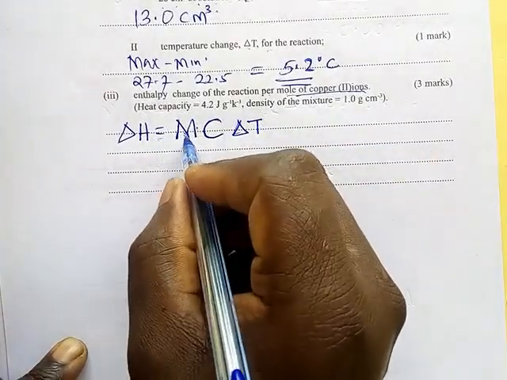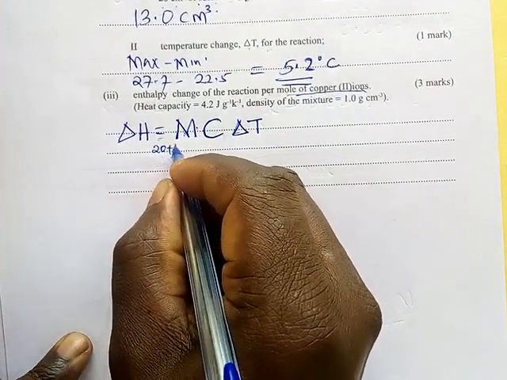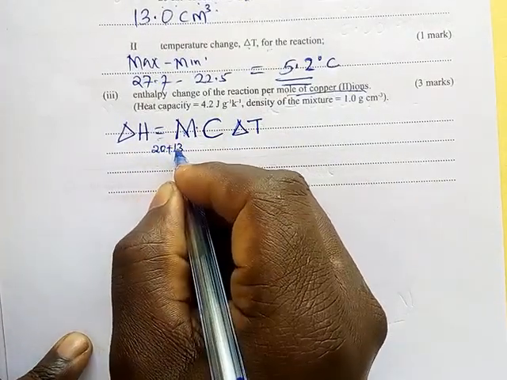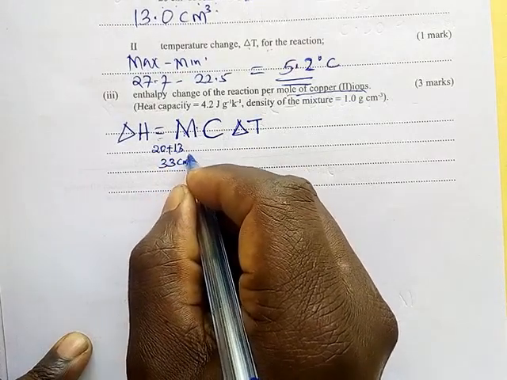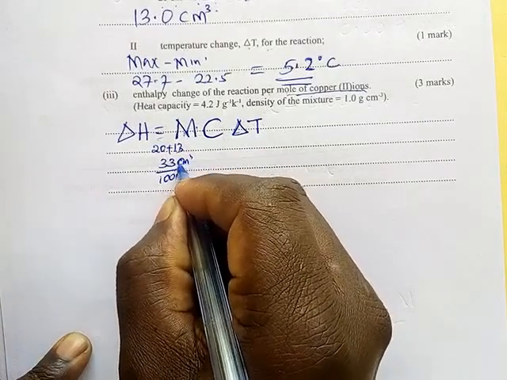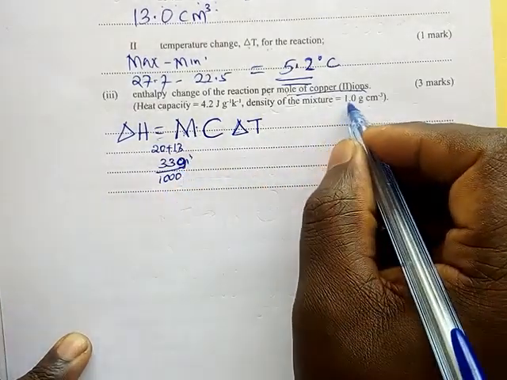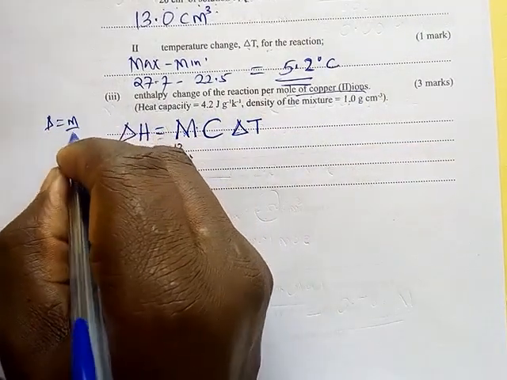This is the total volume. The total volume was 20 plus 13. This is the copper ions and this is the hydroxide. So we have 33 centimeters cube. Remember, centimeters cube is the same as grams, since density is equal to mass over volume.